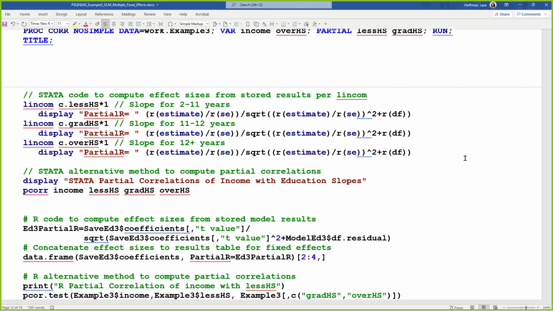So let me foreshadow what is coming next time. It is often the case that education is collected in categories, right? You check a box that says, do you have a high school degree? Do you have a bachelor's degree? Do you have a master's degree? And I have seen people take those numbers and treat them like numbers and put a line through them.